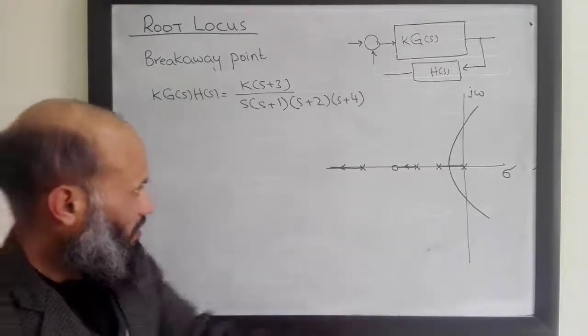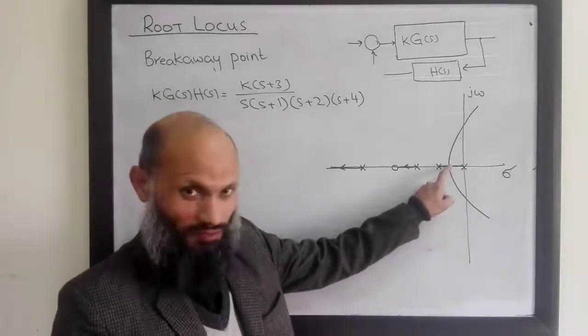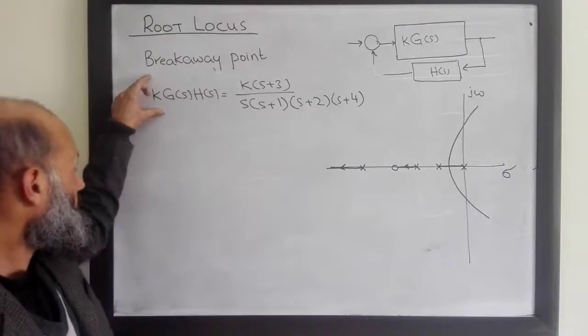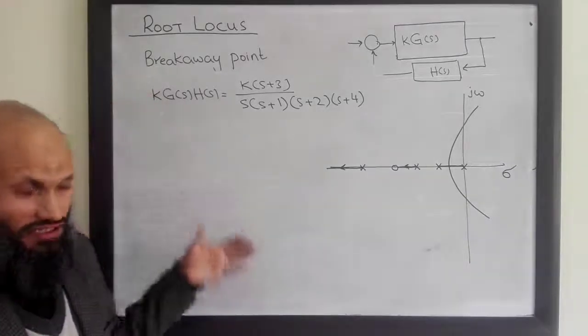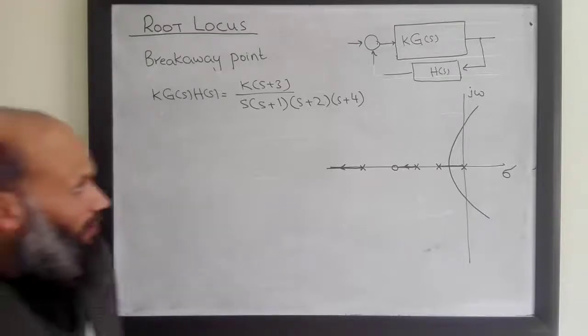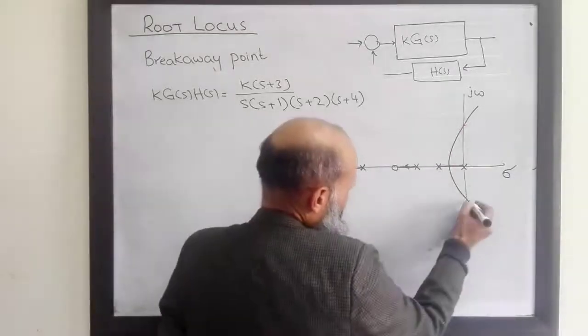Now we have learned how to find this breakaway point. We shall write this as a function of sigma and take its derivative, and that will give us this breakaway point. Now how to determine these points?